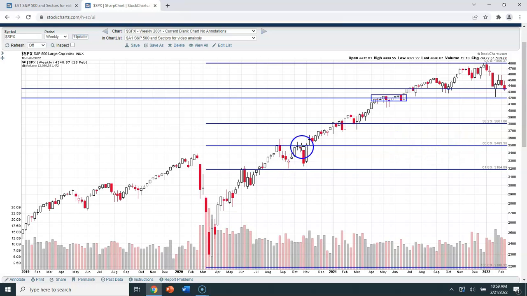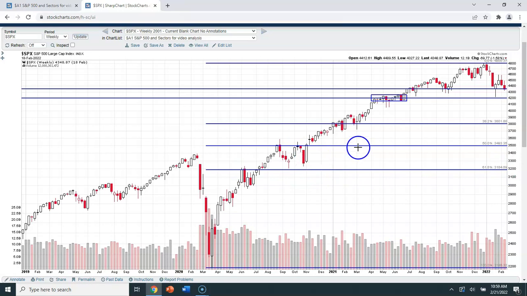And then we have kind of a thick area here where there was quite a bit of trading from the beginning of July of 2020 until the beginning of November of 2020 between the 50% retracement and the 61.8% retracement, which is right around 3,200, the exact number showing up as we have drawn the lines, 3184.89. All right, so let's just call it 3,200. It's close enough. But you can see a lot of trading here.